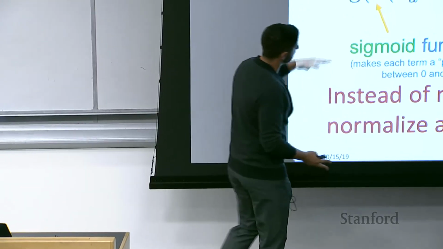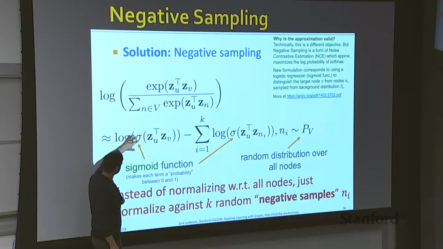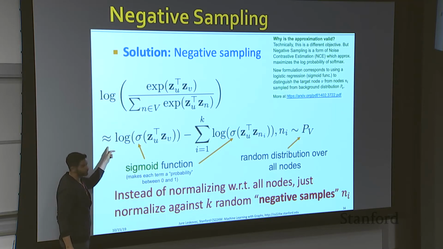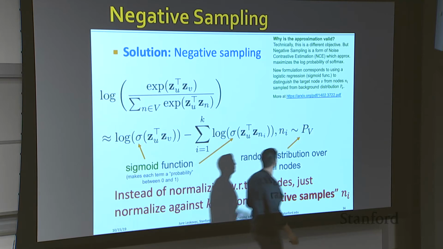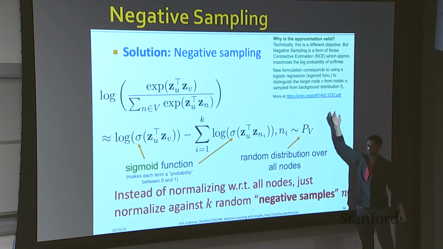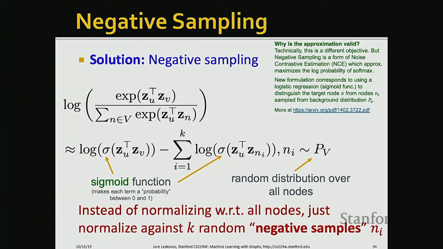It's basically making sure that each term is going to have a range between 0 and 1, so it's going to look like a probability. Now, all the steps to go from here to here are slightly intricate, so what I've done for you is I put a reference to a paper, and this paper actually explains how exactly the negative sampling in Word2Vec is done, and you will see that it applies straightforwardly also to this case, okay?